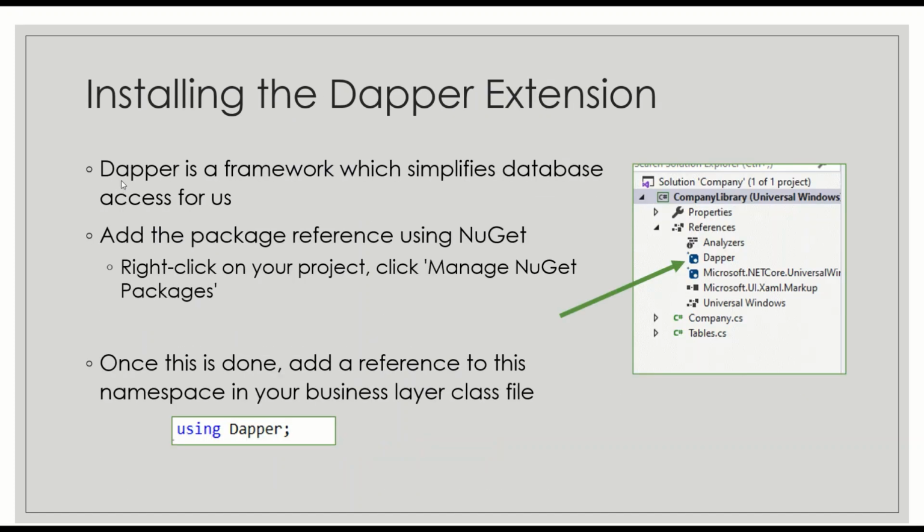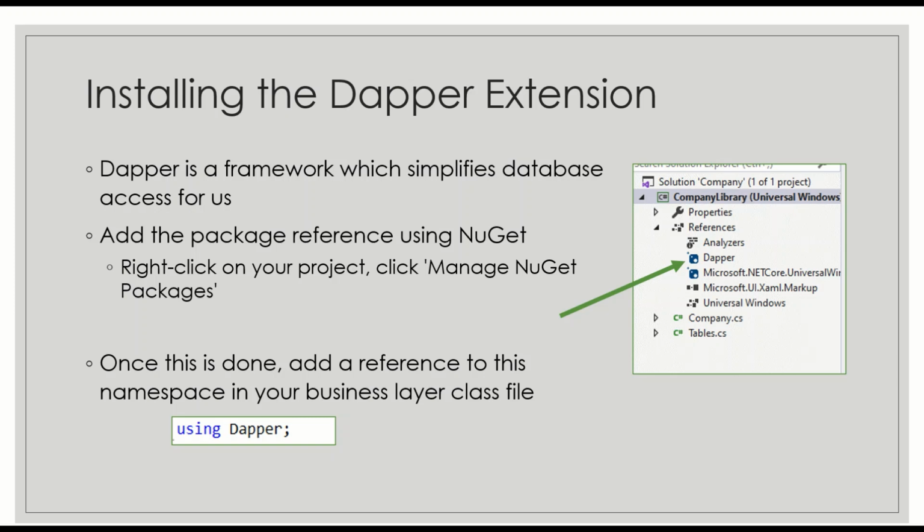So our next step is going to be installing the framework that simplifies our database access. Now, we're not using it quite yet, but this is the last step in the setup for the code library.